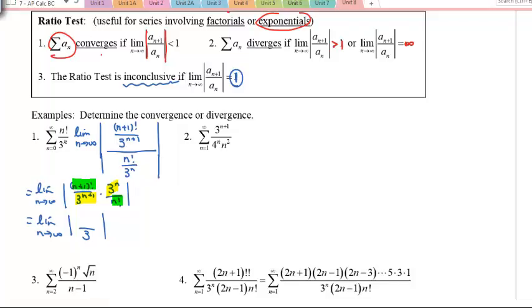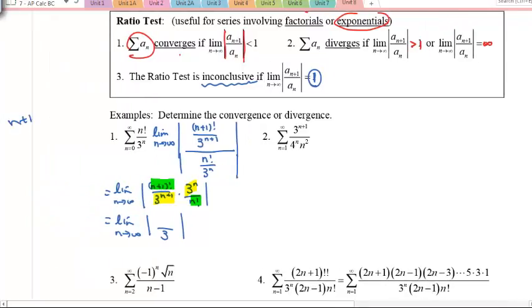How about this n plus 1 factorial and n factorial? Don't know if you remember, I hope you do, but the idea of n plus 1 factorial is that it's just equal to n plus 1 times n times n minus 1 times n minus 2, and so on. And the n, n minus 1, n minus 2, this is just the same thing as n factorial.